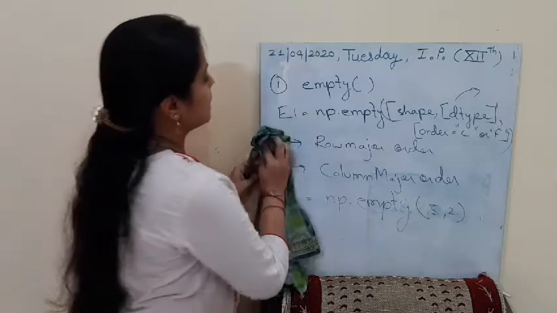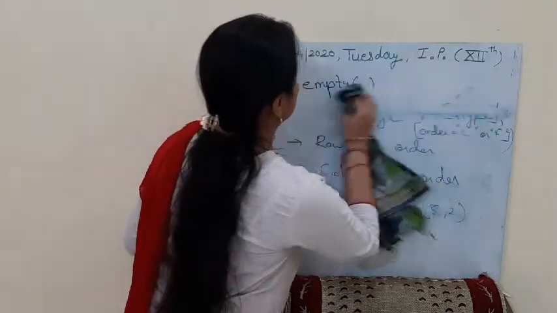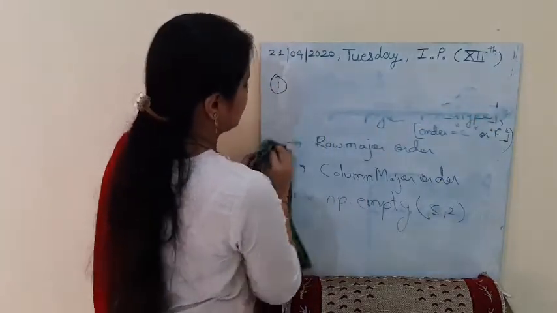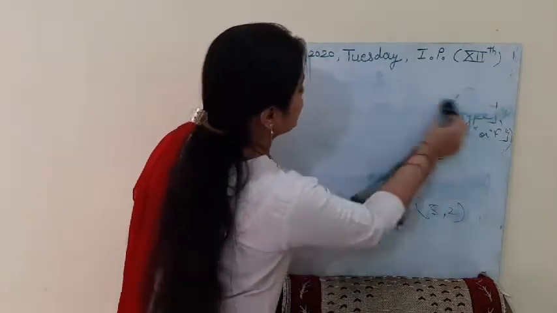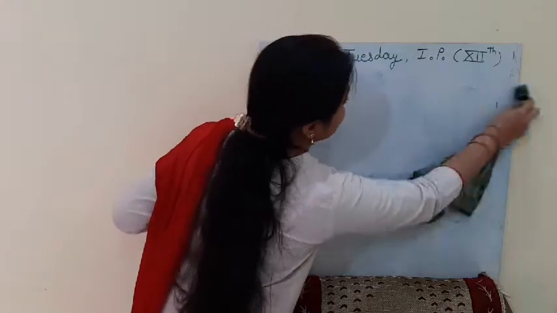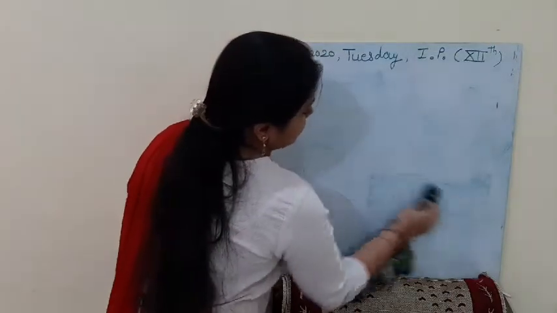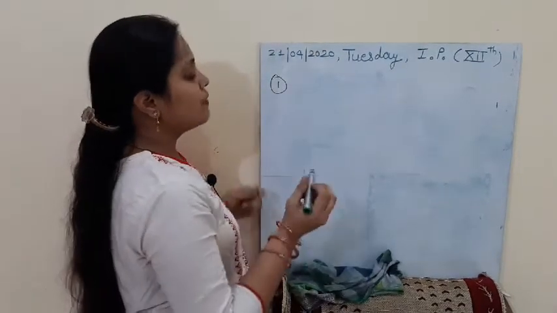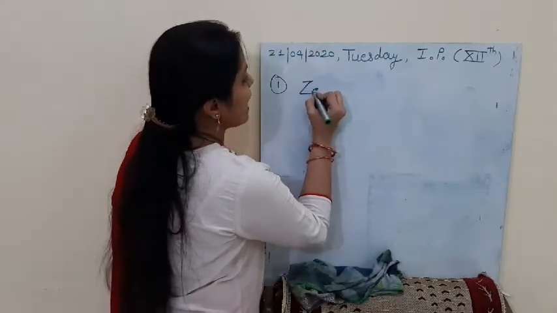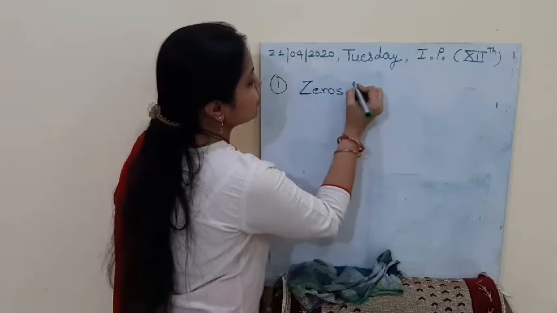Now, like empty, I can use, now this is an empty one. Now for example, for performing scalar operation or for performing operations where we need a specific array to take the values, we can create an array using the zeros function.